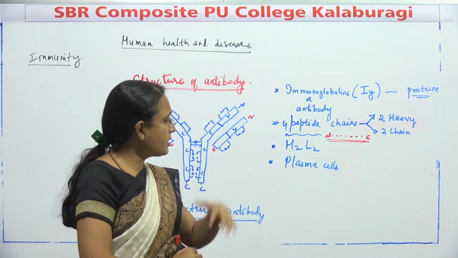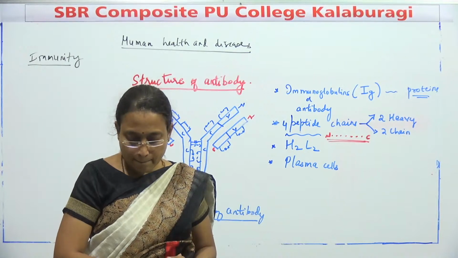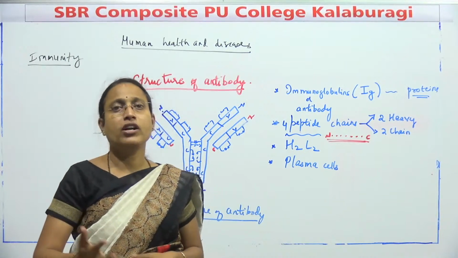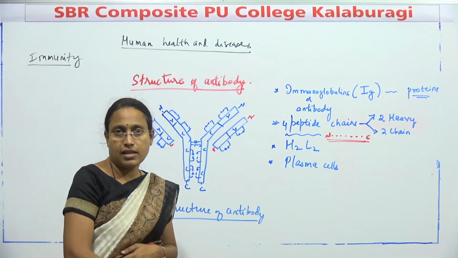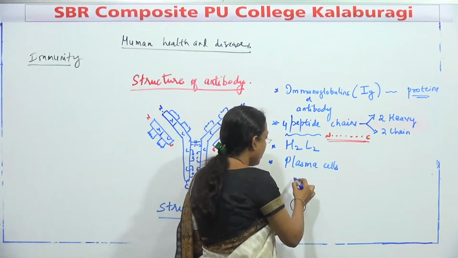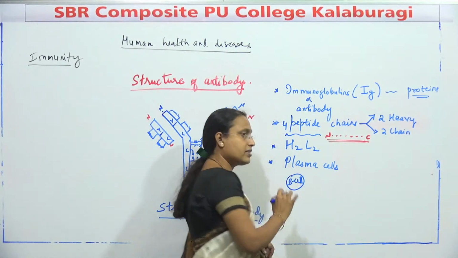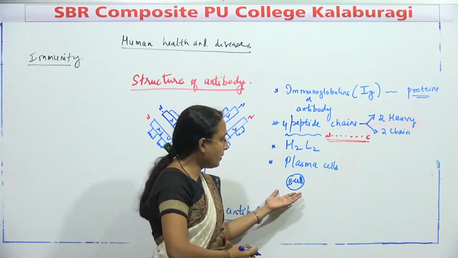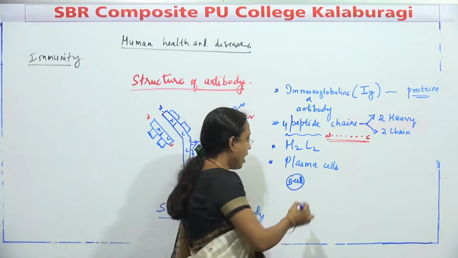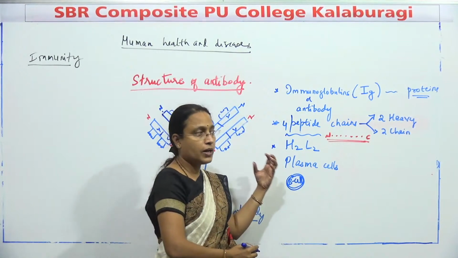From where does this plasma cell come? This plasma cell in turn is developed from B lymphocytes, which I have already mentioned in the previous classes. The B lymphocyte, or B cell, is very round with a thin rim of cytoplasm, and its nucleus is very big.